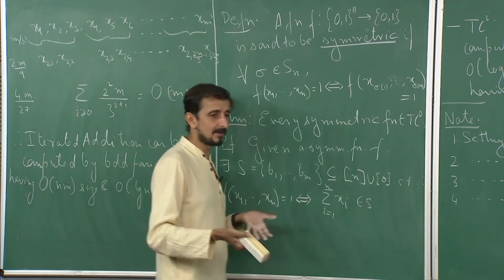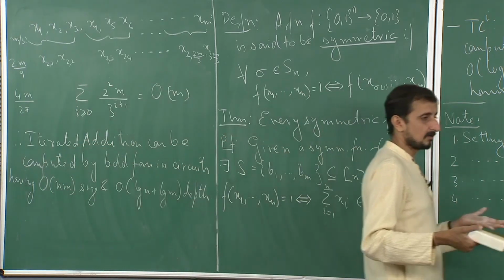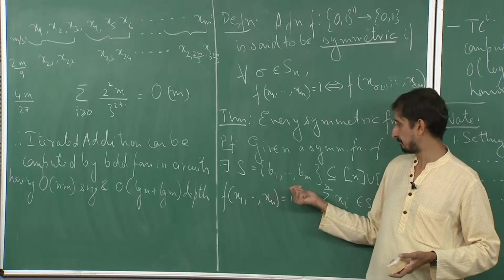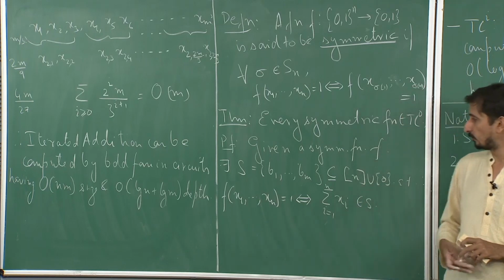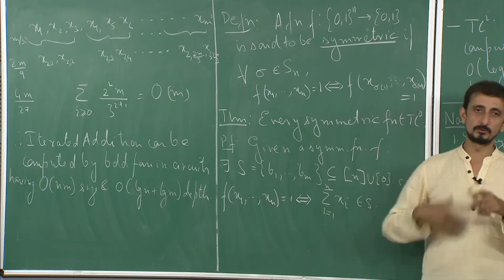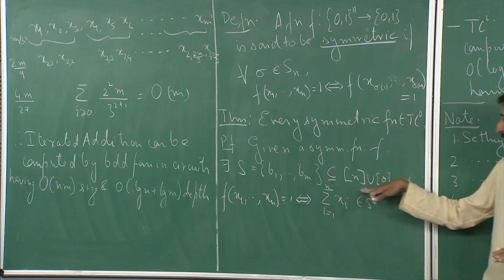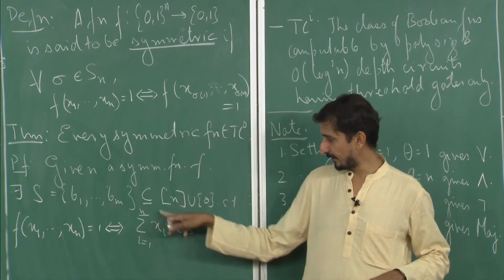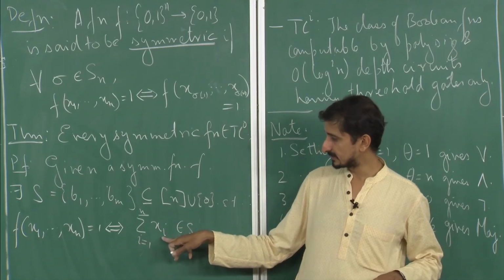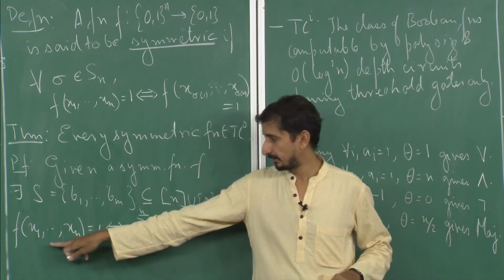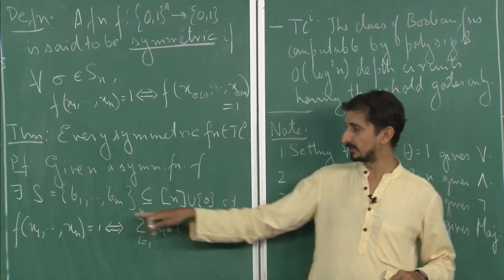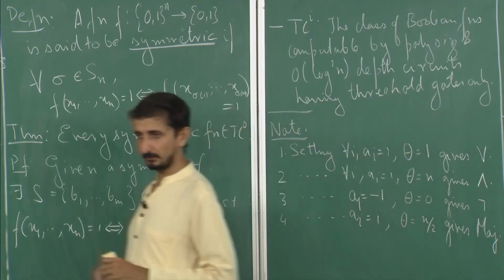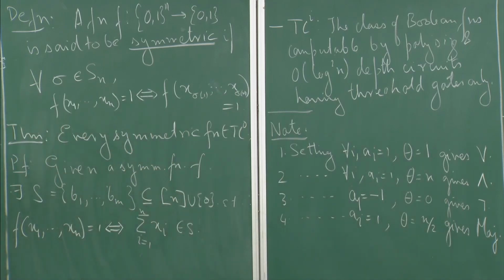Similarly, if f evaluates to 1 on some other number of ones, it must evaluate to 1 no matter how you permute them. So, that is essentially what this is saying: if I sum the number of ones in my input, that must belong to this set. Is this clear?